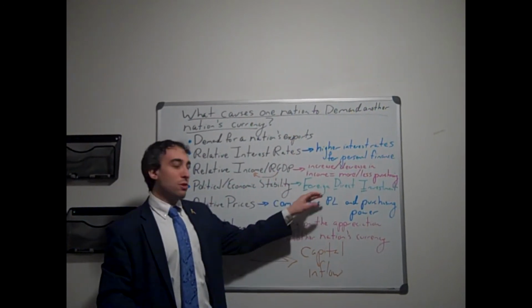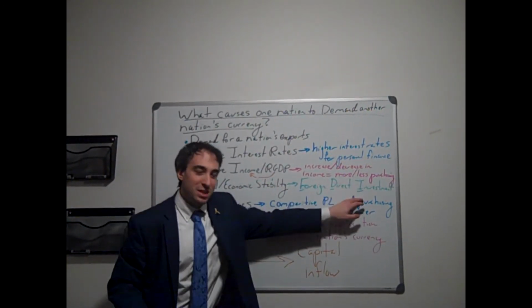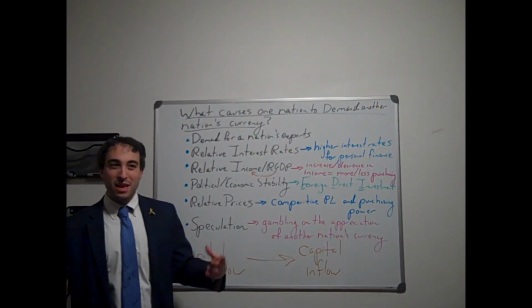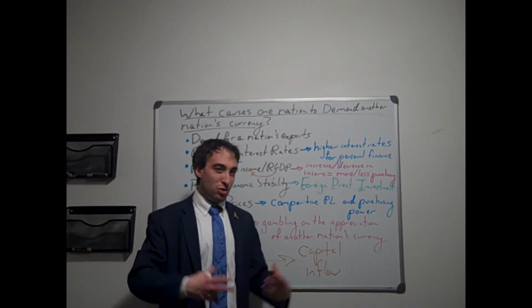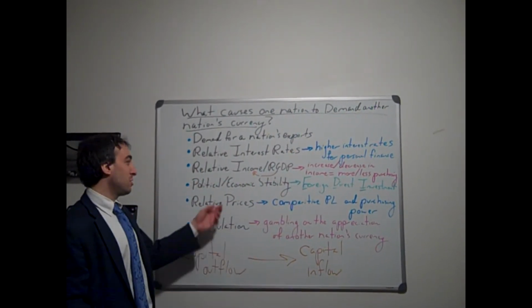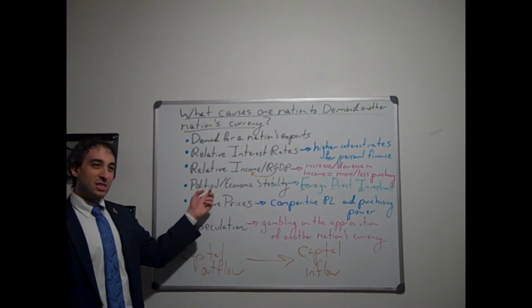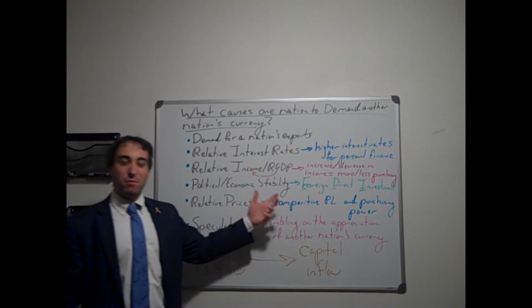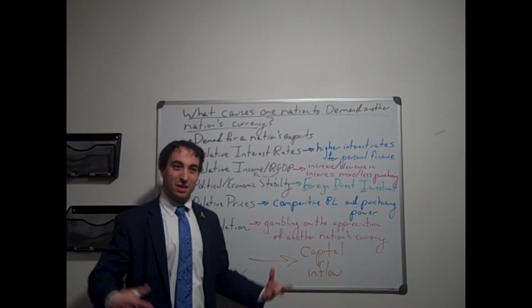This results in what is called foreign direct investment. If businesses are going to put their money internationally into another country, they want to put their money into a country with a secure political system, a secure economic system, and also a secure banking system. They want to make sure their money is going to yield profit.